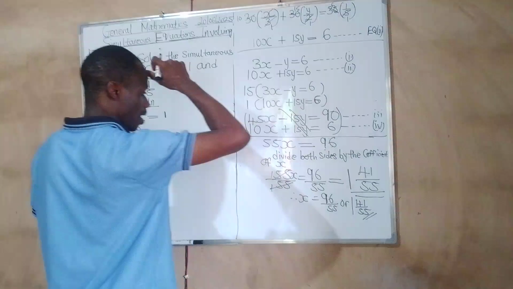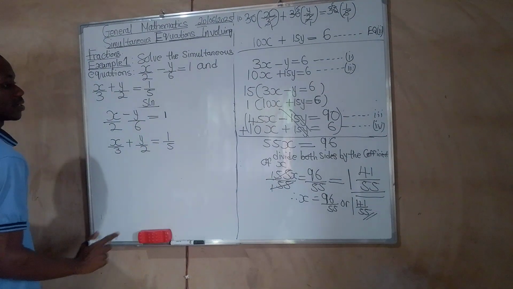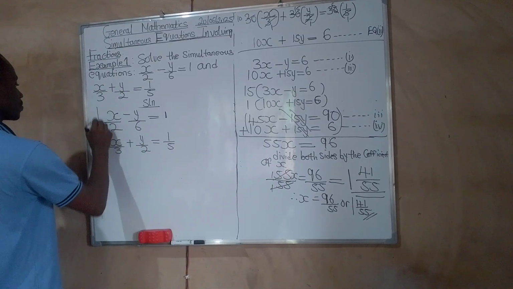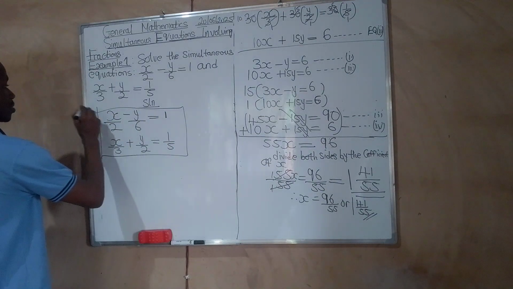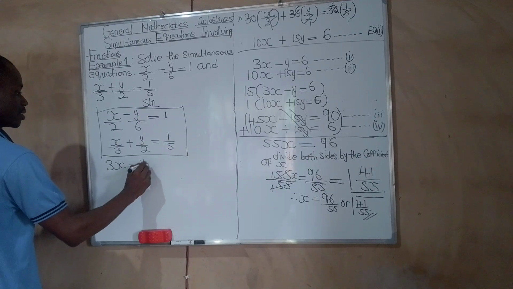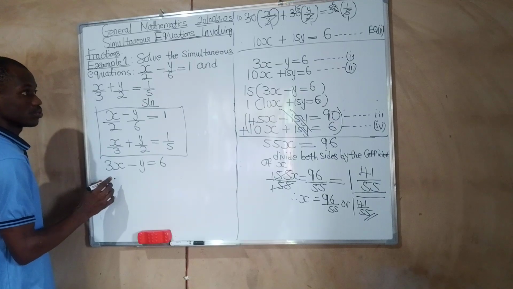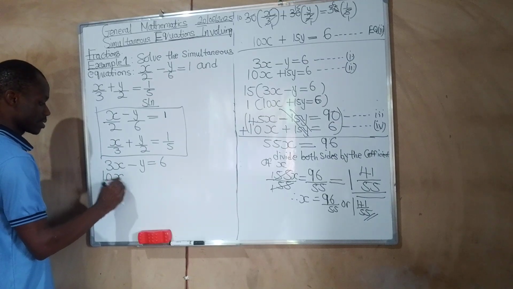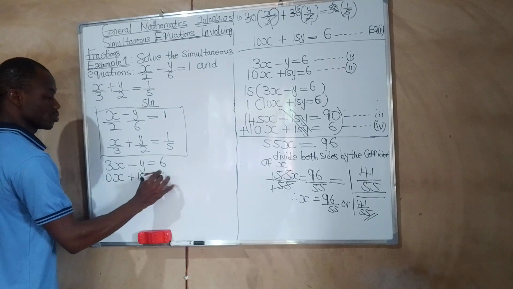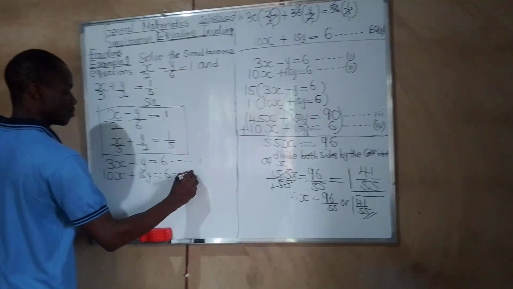Then when we redid everything, we got this as our equation 1 and our equation 2. The value of x, we said, is 96 over 55. Our new equation 1 is 3x minus y equals 6, if you can see. Then our new equation 2 is 10x plus 15y equals 6. So definitely equation 1, definitely equation 2.